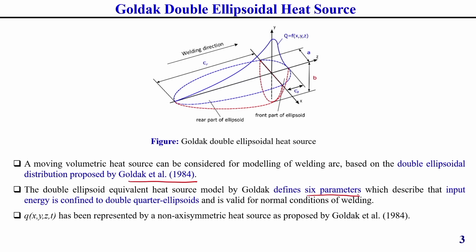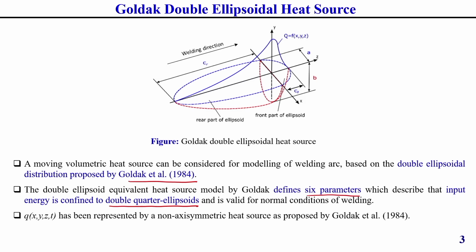How these 6 parameters come, everything I will discuss in detail. They describe the input energy which is confined to a double quarter ellipsoid. One thing you should keep in mind: this double ellipsoidal model is described in double quarter ellipsoids.